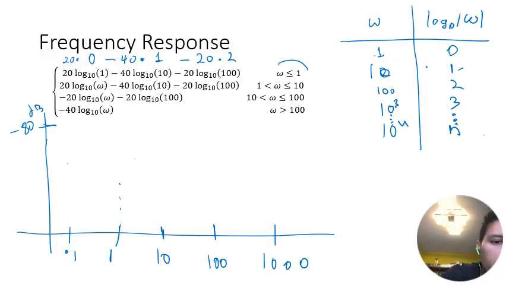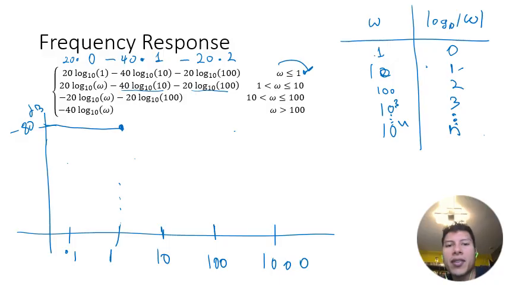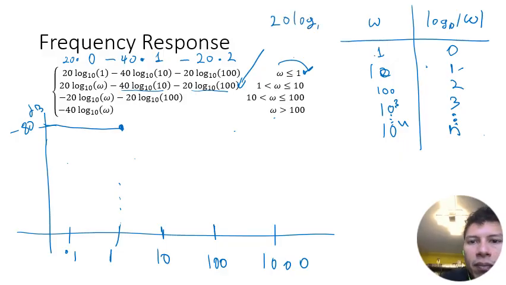Okay, so this thing will be flat up to 1. Then after that, we're going to have, well, this is still negative 40 times 1, and this is still negative 20 times 100, sorry, times 2. So this is actually equal to 20 log base 10 of omega minus 80.